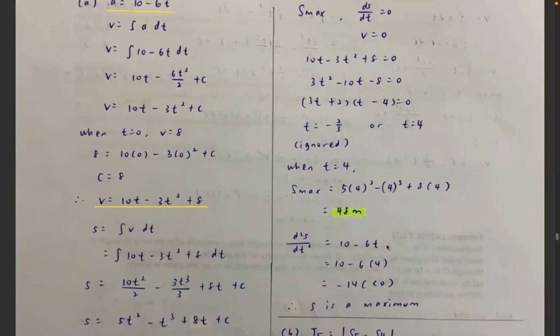Okay, there is still t in the equation. So we sub t equals to 4 into this equation. And we have answer -14, which is less than 0. When d2s/dt squared less than 0 means s is a maximum. So you prove already that s is really a maximum.